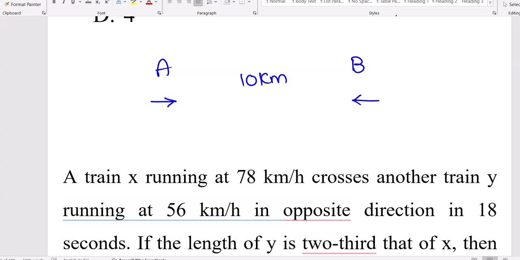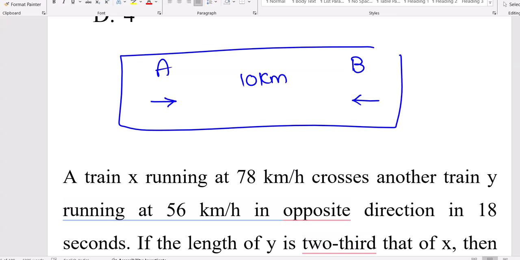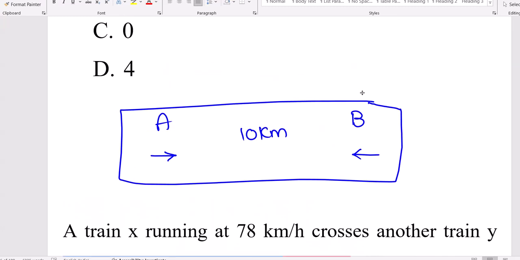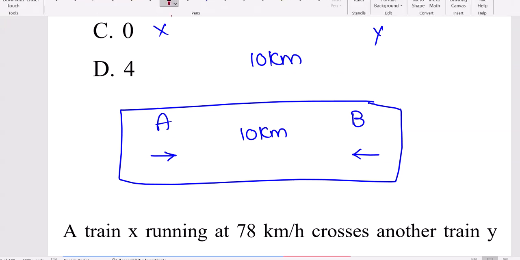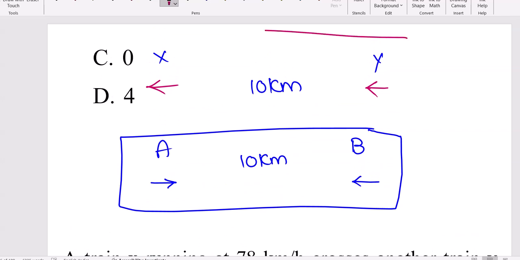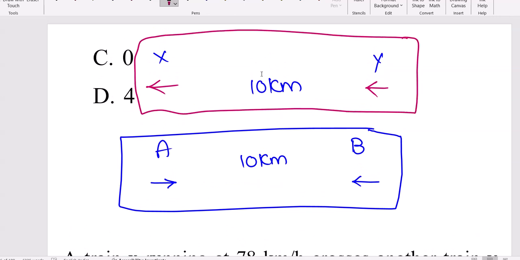The other situation is X and Y, both also having the same 10-kilometer gap. But X is going in this way, Y is going in this way. Here X and Y are traveling in the same direction, and A and B are traveling in opposite directions. Now think practically, which will take less time? A and B or X and Y?